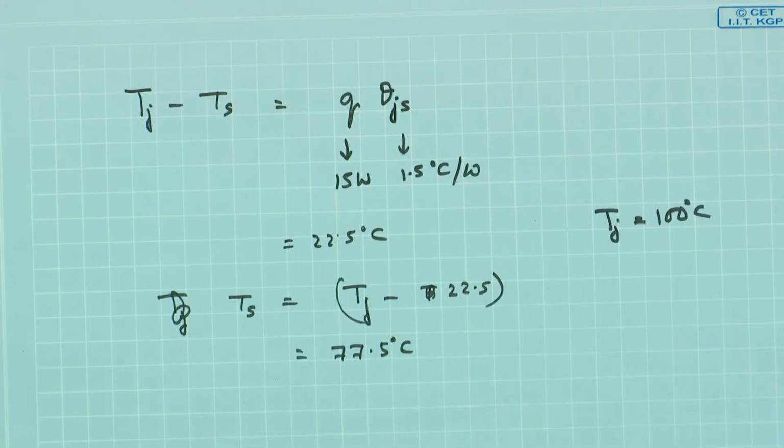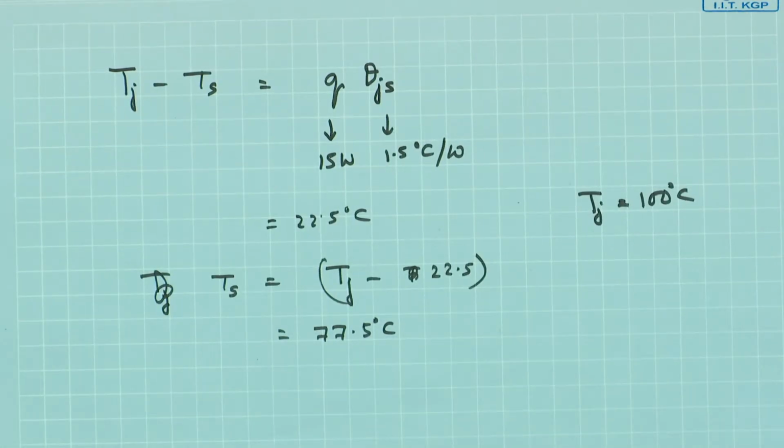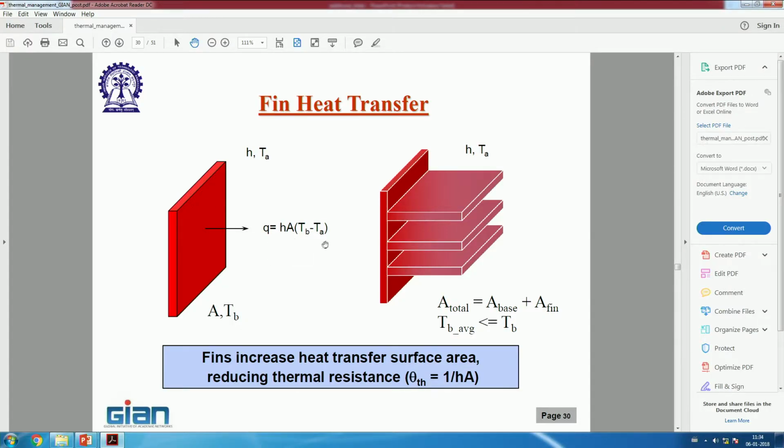As we look into it, let us look a little into the fundamentals of what a heat sink is. Typically we call it a finned heat sink. It will have fins. Now what are fins? If you take a flat surface like this, and I have some heat coming out, Q equals h A delta T, we know that. That is not enough. What can you do? Can I increase my delta T?